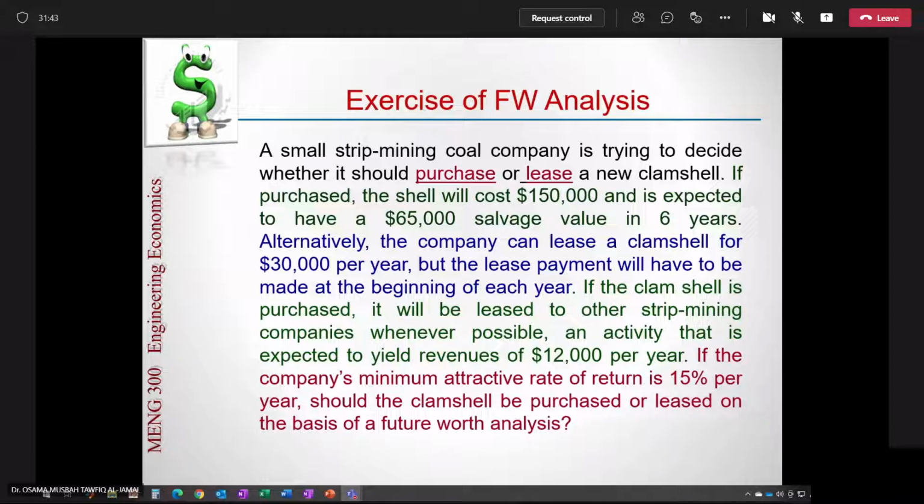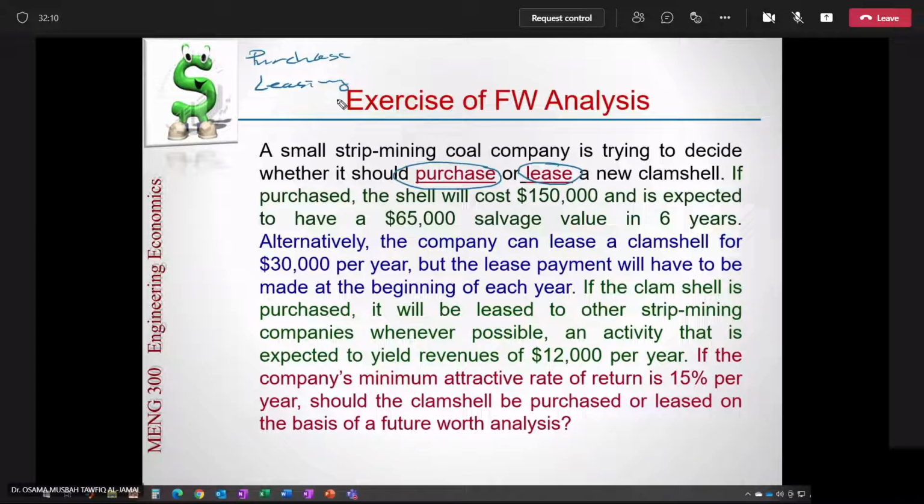A small strip mining coal company is trying to decide whether it should purchase or lease. So we have two alternatives, either to purchase or to lease. Purchasing or leasing of a new clamshell.